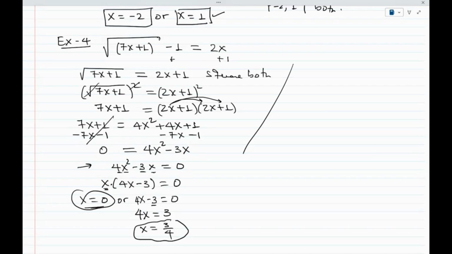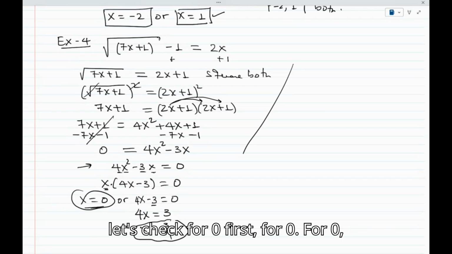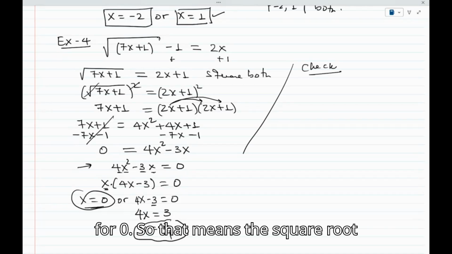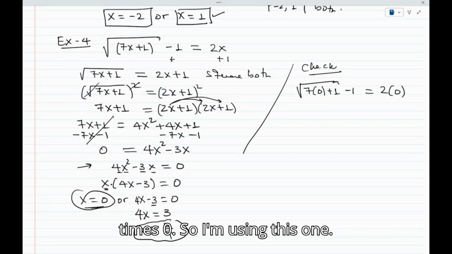Now, I cannot just take those for granted. As usual, I have to check. So let's check for 0 first. That means square root of 7 times 0 plus 1, minus 1 is equal to 2 times 0.